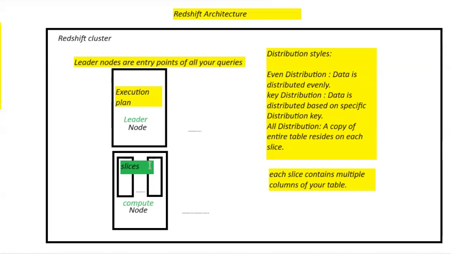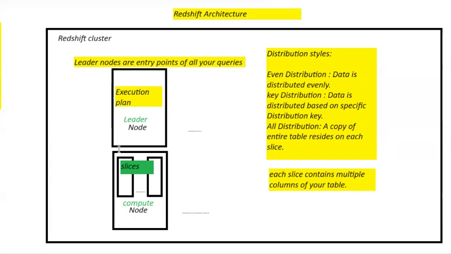It coordinates with the compute nodes and provides queries equally for execution. This leader node coordinates execution of the query equally across your compute nodes. So how will your compute nodes execute these queries?